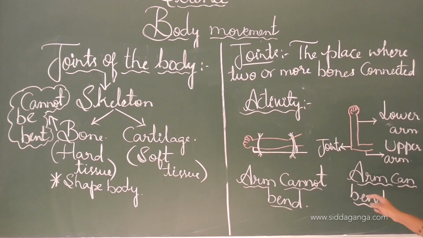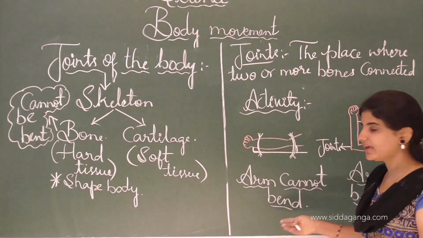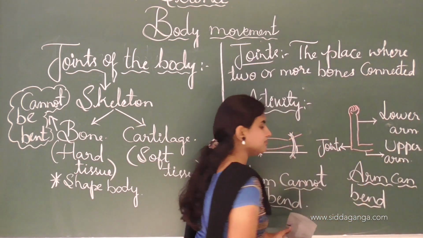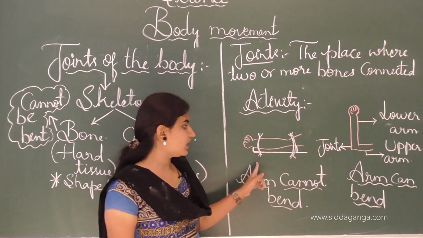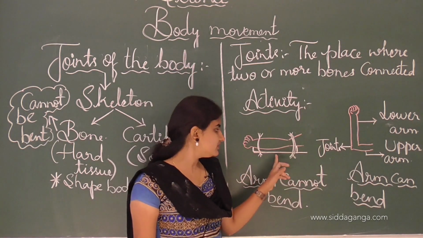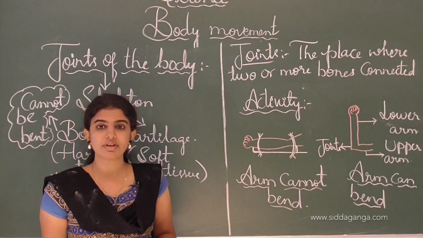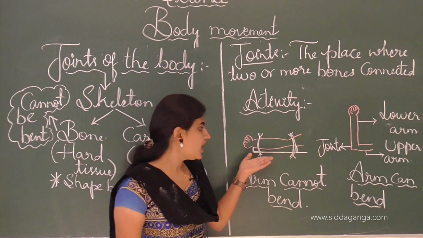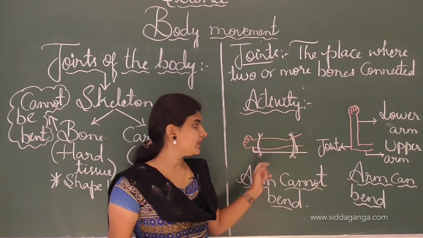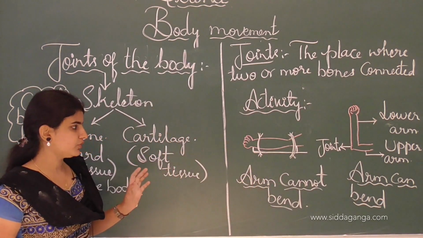This is the hand, which is the lower arm because it is present at the lower side, and here is the upper arm. This hand we can easily bend, whereas this hand we can't bend or rotate, since the wooden stick or the wooden scale is present and tied to the hand. So we can't bend our hand in this position.